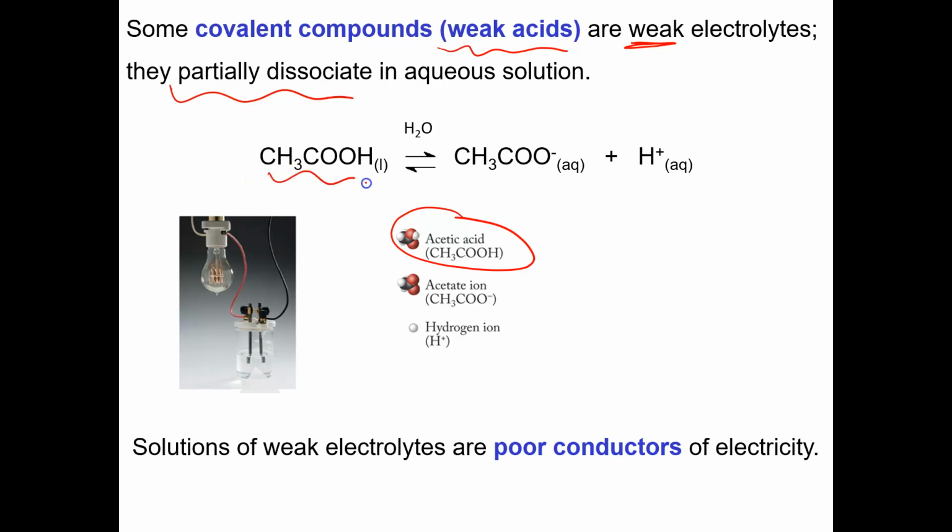When acetic acid is dissolved in water, a few percent of the molecules will dissociate into anions and hydrogen ions, in particular, the acetate anion. So as a result, what we will see is that solutions of these weak acids or weak electrolytes will be bad conductors of electricity, but they will conduct electricity to a certain extent.